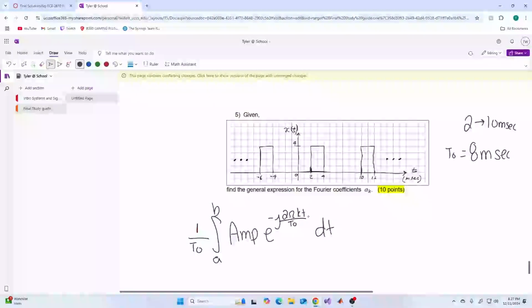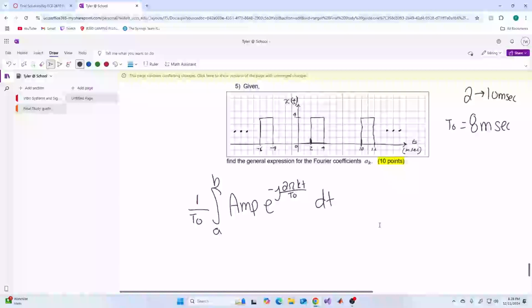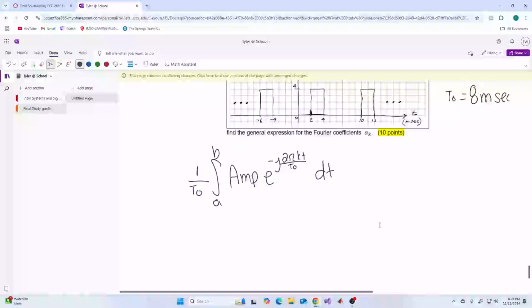equals t sub 0. Okay, so now we need to plug in everywhere we have an amplitude. So I'm going to show you what that means. Do not plug in the t0 or the period yet. It will solve itself later, so don't worry about that part. So we have 1 divided by t sub 0 from 2 to 4.